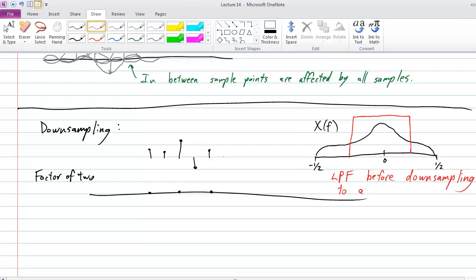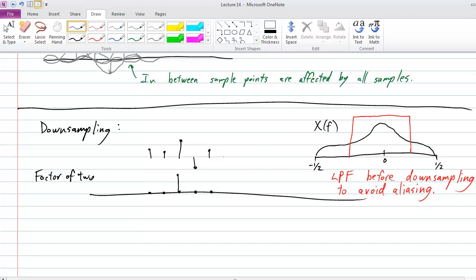To avoid aliasing. Now you can do the same derivation we did in continuous time, which is to say that this downsampling is like what we call a decimation, where we zero out all the in-between stuff.